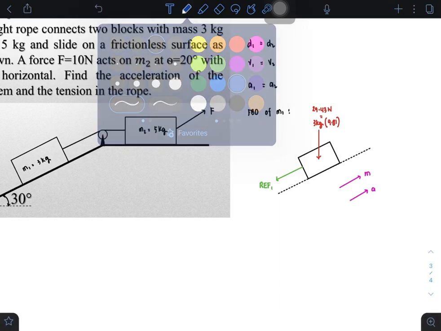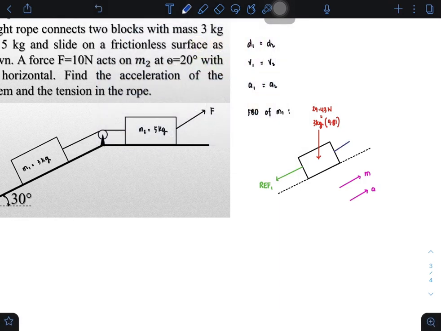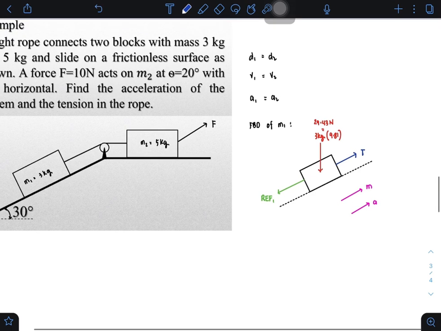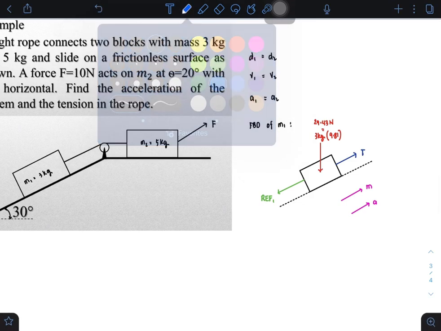And then we're going to apply the tension. I'm going to use T as the tension because all throughout the cable, the tension is the same, or constant. Alright, with respect to the inclined surface, we're going to get the components of this 3 kilogram block.